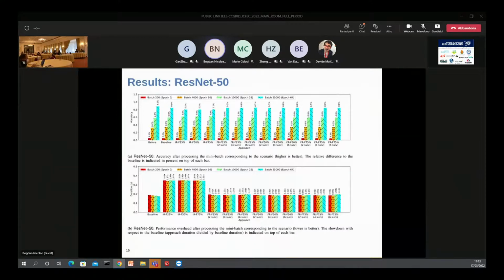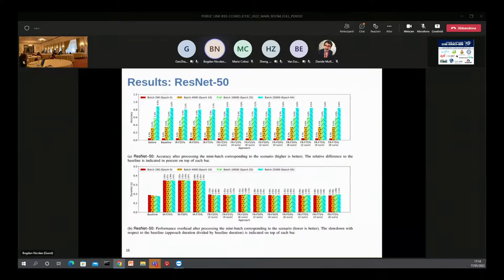In many cases, it is 0 or less than 1%, 0.6. And only in the beginning of the training, so the red bar, sometimes for forward recovery, it is around 4-something%, but this is still much lower than in the iteration before the baseline, right?